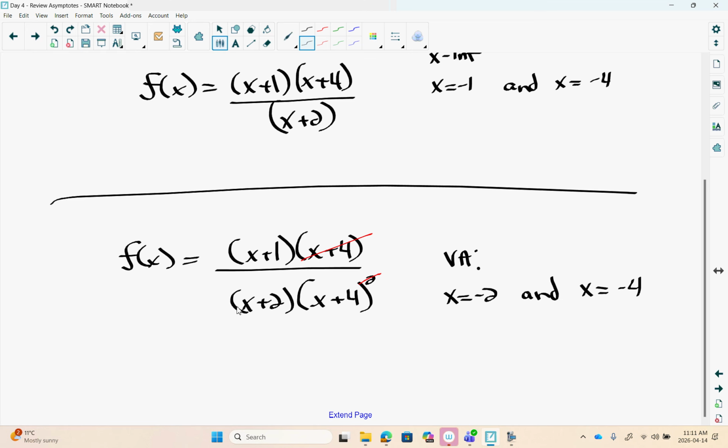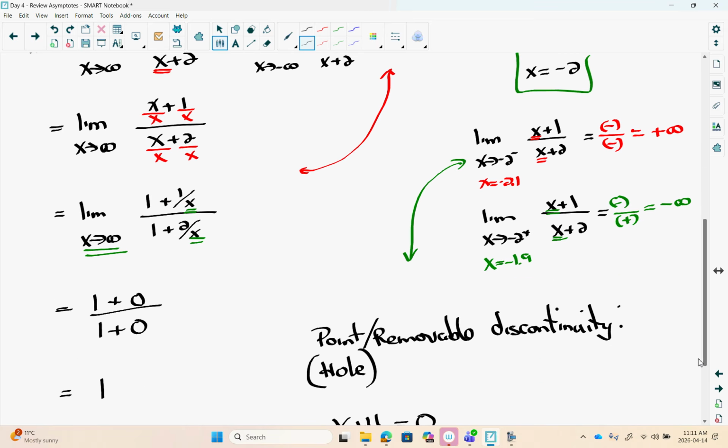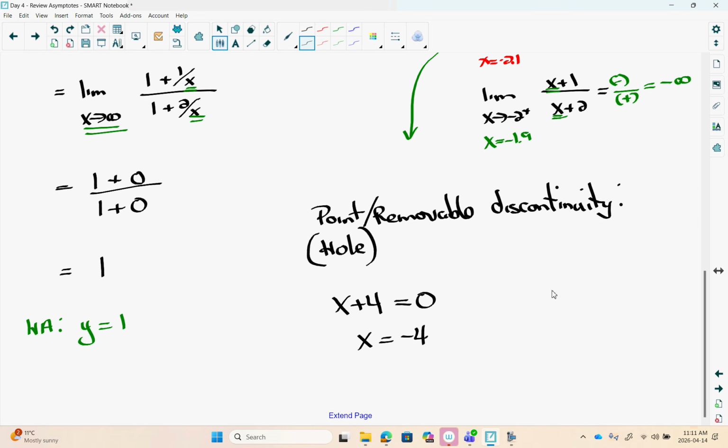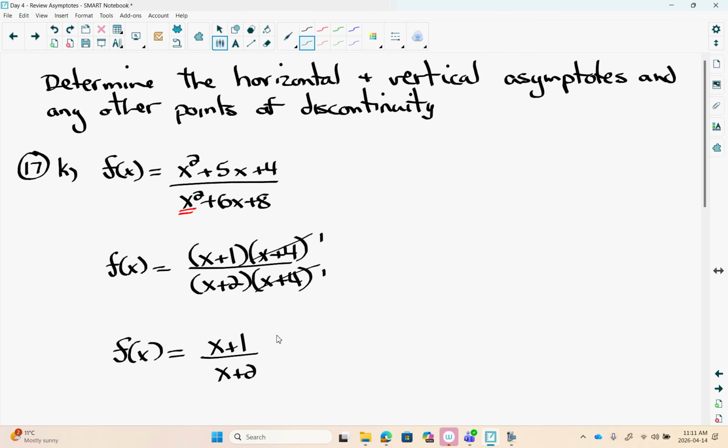So when do you get a hole or a point discontinuity or a removable discontinuity? When the factor completely goes away. Do you see how there's no more x plus 4s in the numerator or no more x plus 4s in the denominator?